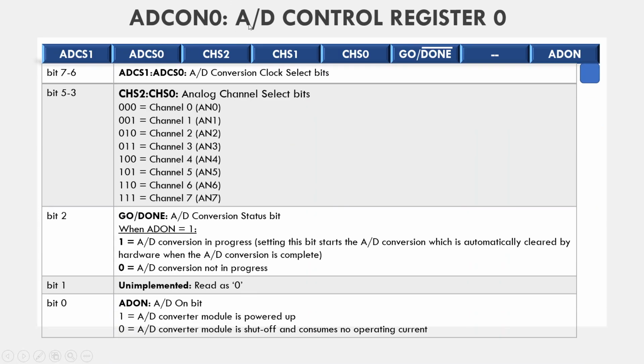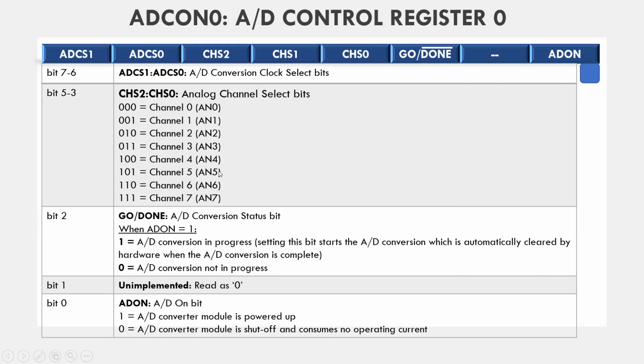This is the ADCON0 register, the analog to digital control register 0, which is an 8-bit byte, where bit 7 and bit 6, that is ADCS1 and ADCS0, are the analog to digital conversion clock select bits. CHS2, CHS1 and CHS0, these three bits are responsible for selecting the input channel.